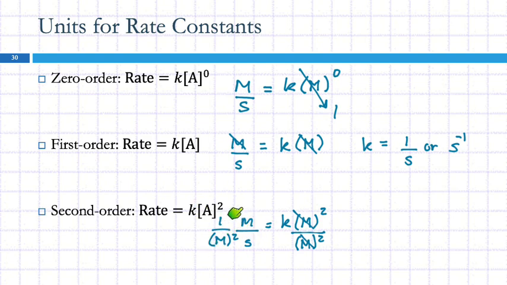Well, we have molarity on top and molarity times molarity on the bottom. So we can use the top one to cancel one of those that's on the bottom. And so the rate constant then is 1 over molarity times seconds, or molarity to the minus 1, s to the minus 1. Any questions?